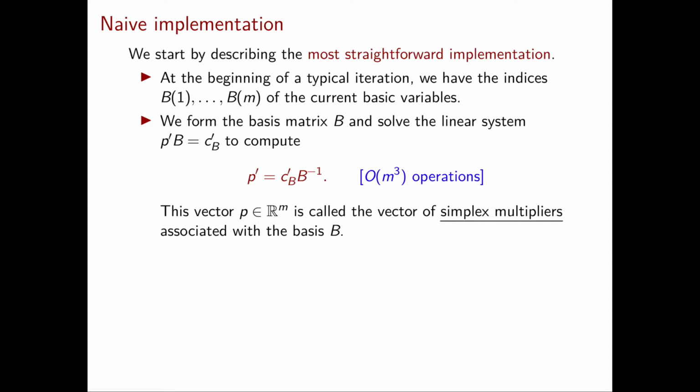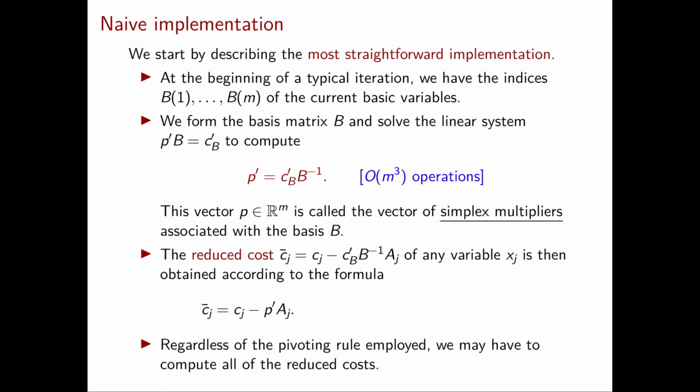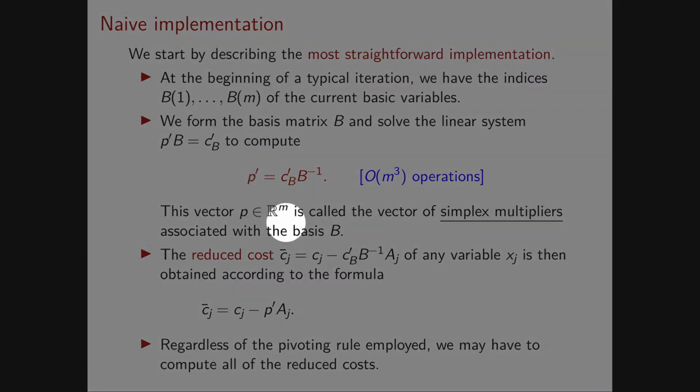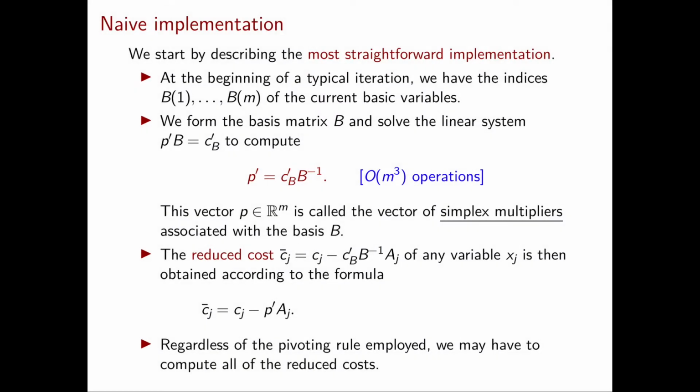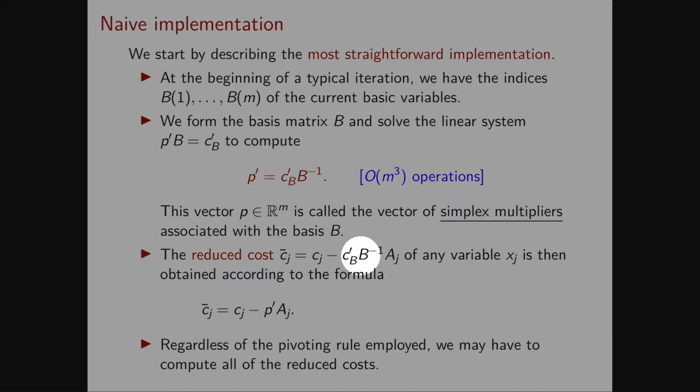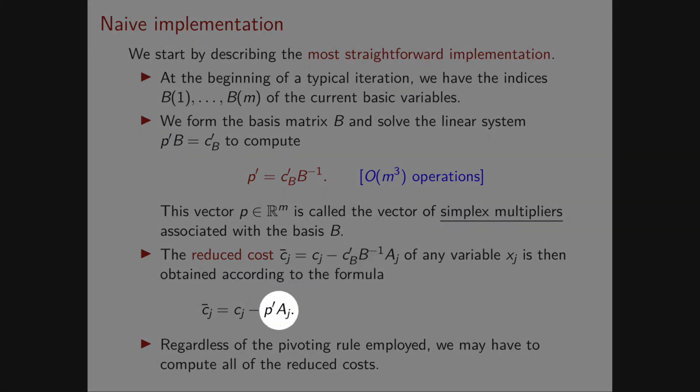Now we're ready to compute the reduced costs. Our formula for the reduced costs is c bar j equal to cj minus cB transpose B inverse Aj. Now that we have calculated the vector of simplex multipliers, we can substitute cB transpose B inverse with p and obtain this simpler formula.